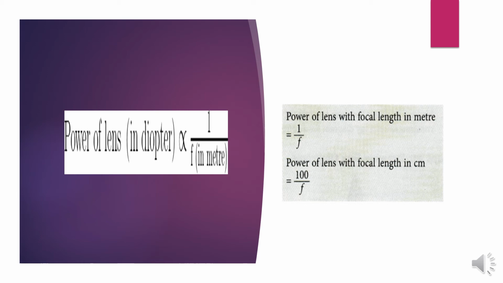First, read the focal length, whether it is in meter or in centimeter. If it is in meter, then P is equal to 1 by F. If it is in centimeter, P is equal to 100 by F. That means P is inversely proportional to the focal length. More focal length, less power. What is the unit of power? The SI unit of power is diopter, capital D.